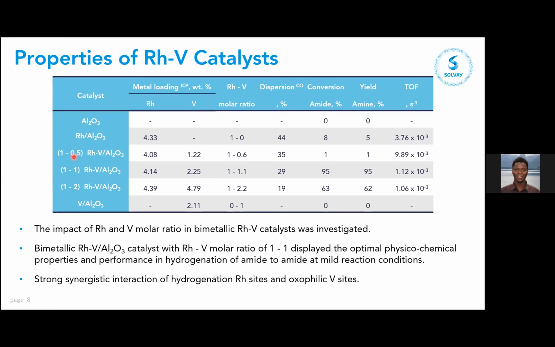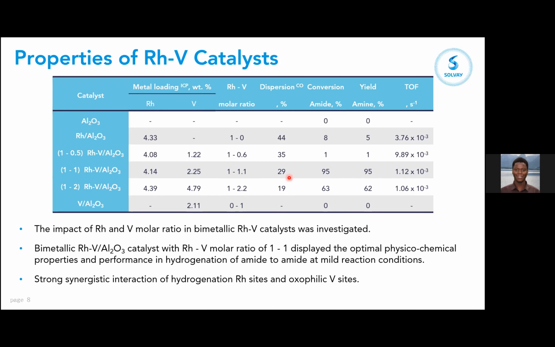And as we put the second additional metal, we also varied the molar ratio from 1 to 0.5 to 1:2 of vanadium. And we see that we obtain an optimum catalytic activity at 1:1 molar ratio between the two metals.